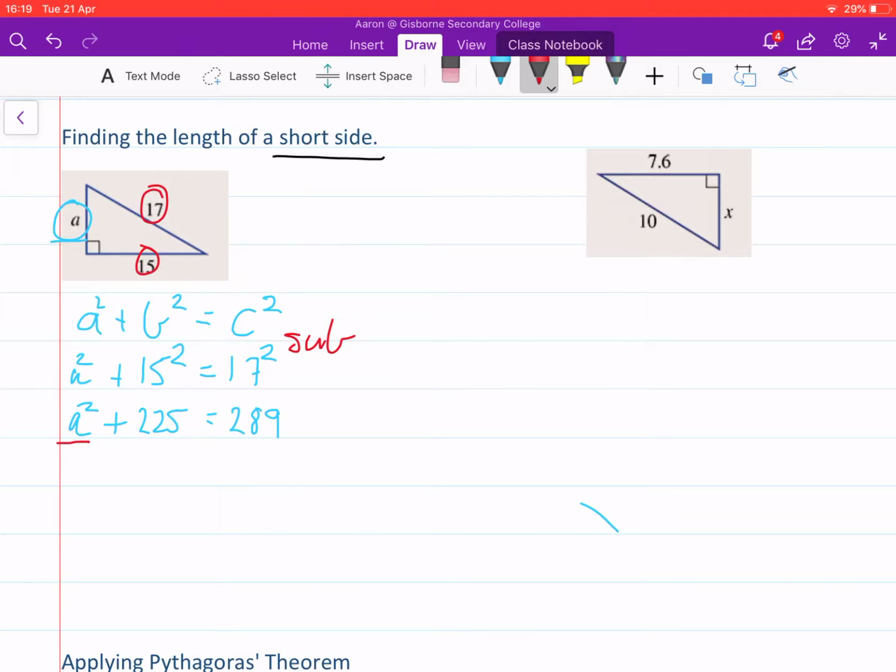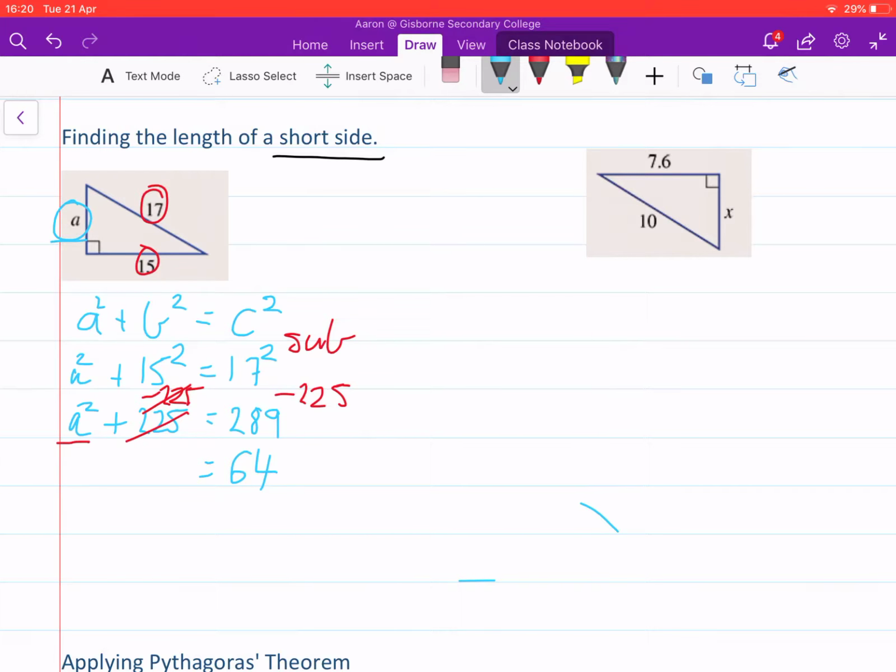The first thing we can do is to subtract the 225 from this side, and if we do it from that side, we want to do it from the other side as well. So 225 take 225 gets rid of it there, and keeping it balanced, we do 289 take 225, and that gives us 64.